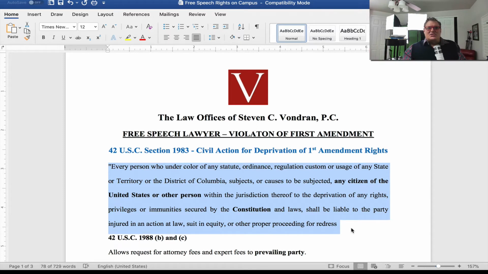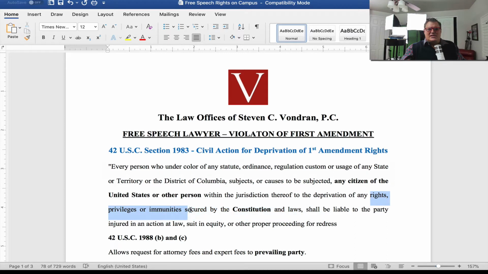You may also see that in the 14th Amendment, which talks about the Constitution applying to persons and not necessarily to citizens, within the jurisdiction thereof, to deprivation of any rights, privileges, or immunities secured by the Constitution and laws shall be liable to the other in a suit at law or equity.